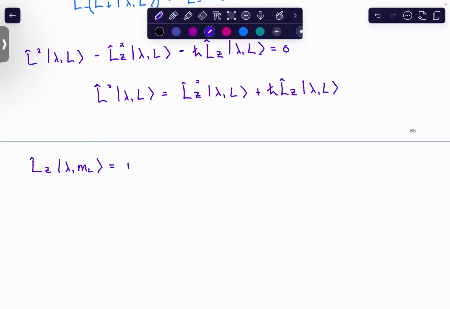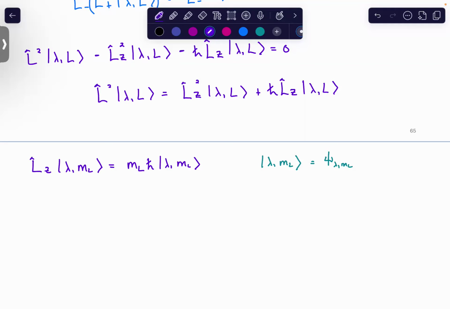This is going to generate an eigenvalue of m sub L h bar, and you get the original state back. So again, this is Dirac notation. Another way to write these would be, if you were looking at the Schrodinger equation, you could just call this some wave state psi in terms of lambda and m sub L. So same kind of idea. We're just using the Dirac notation here.